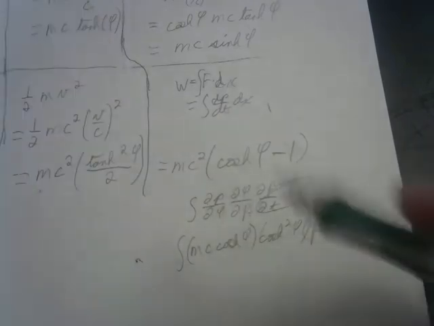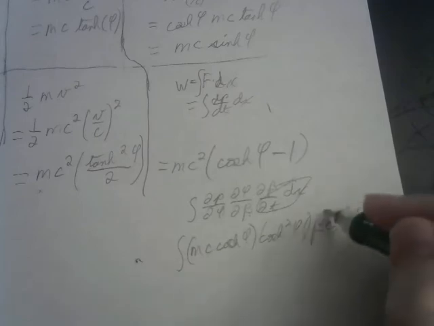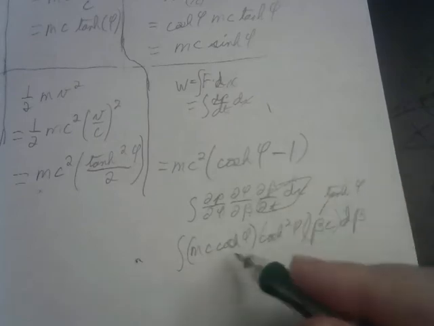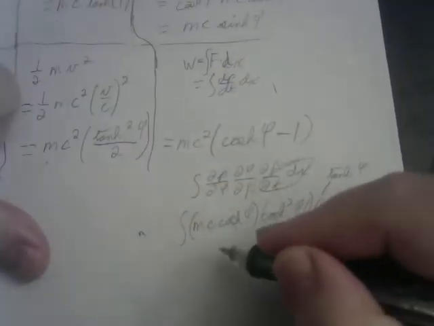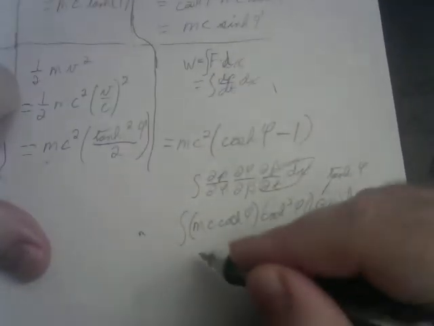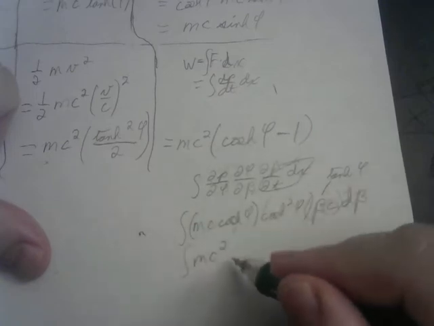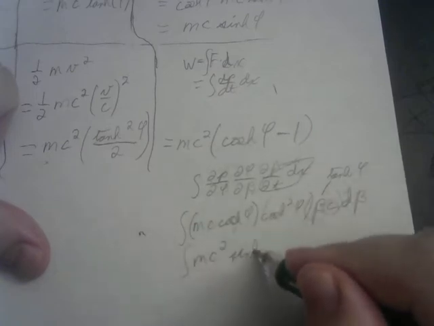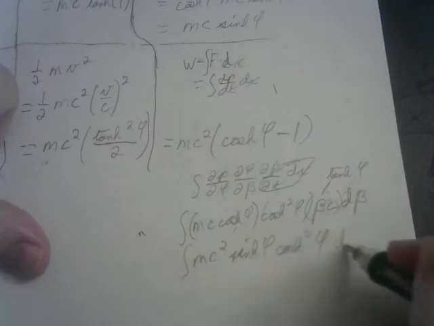Okay, now I'm going to replace beta with tanh phi, and I'm going to multiply that by cosh phi over here. So I will end up with tanh phi cosh phi, which is sinh phi. I'm going to go ahead and multiply that by c squared. So I have mc squared sinh phi cosh squared phi and d beta.